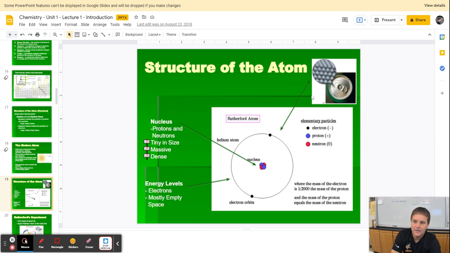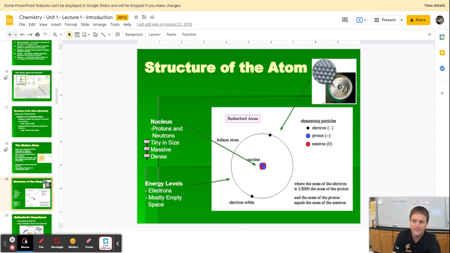Another picture of this is taking one of these little solid spheres, what we used to call solid little spheres, and now blowing it up and looking at one of those and finding out they are not at all a solid little sphere. There's a nucleus where there are protons and neutrons packed tightly together.